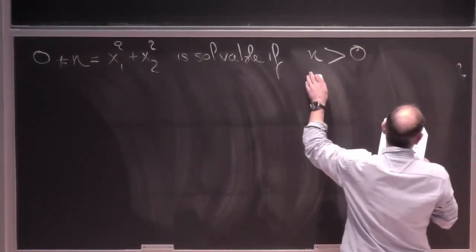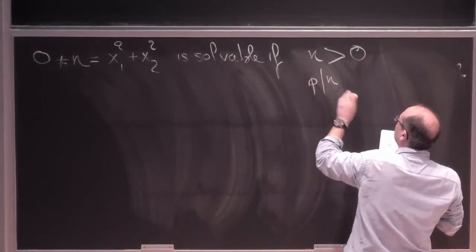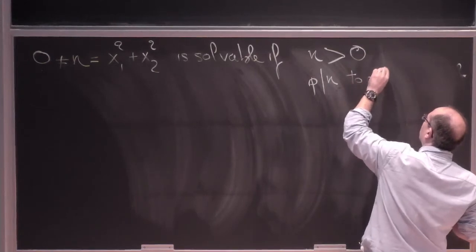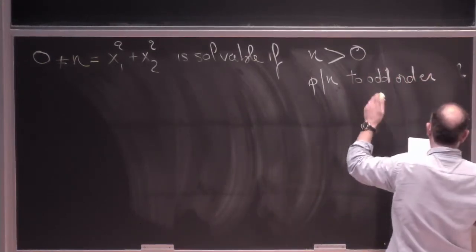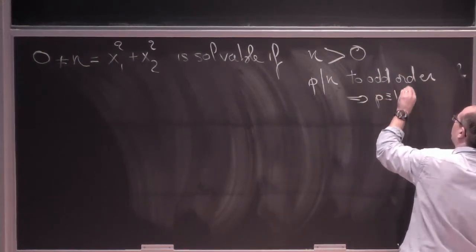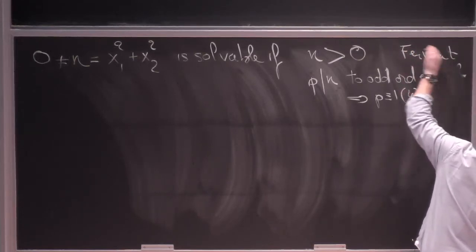And the other local condition is that if p divides n to odd order, then p is congruent to 1 mod 4. And this is, of course, Fermat's theorem.